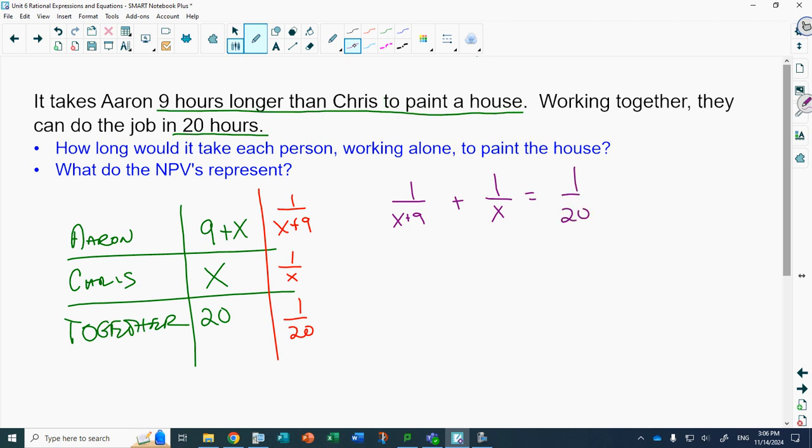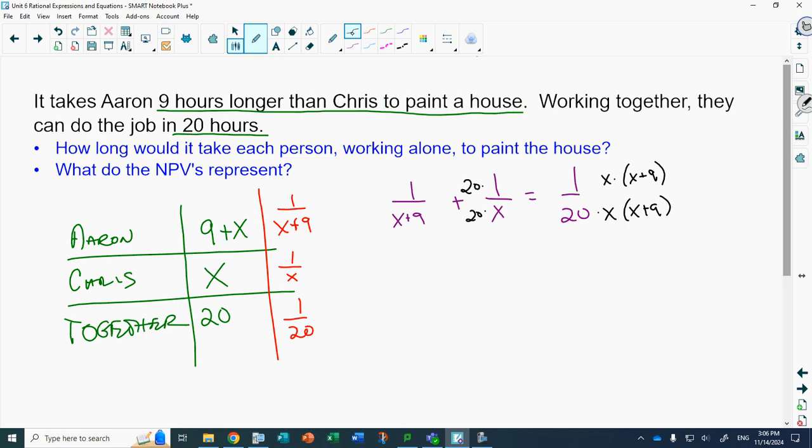All you have to do now is say, what's missing? Here we go. What's missing over here, of course, is x and an x plus 9. So let's put it in the numerator. Going over to this one, what's missing in the middle? Well, it's missing a 20, obviously.